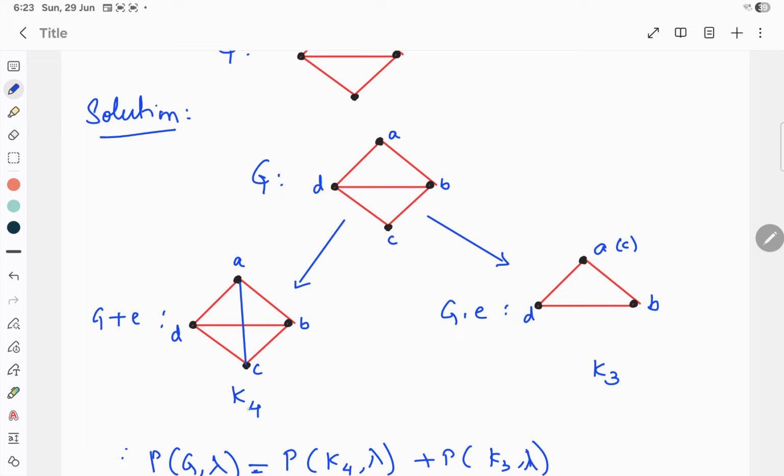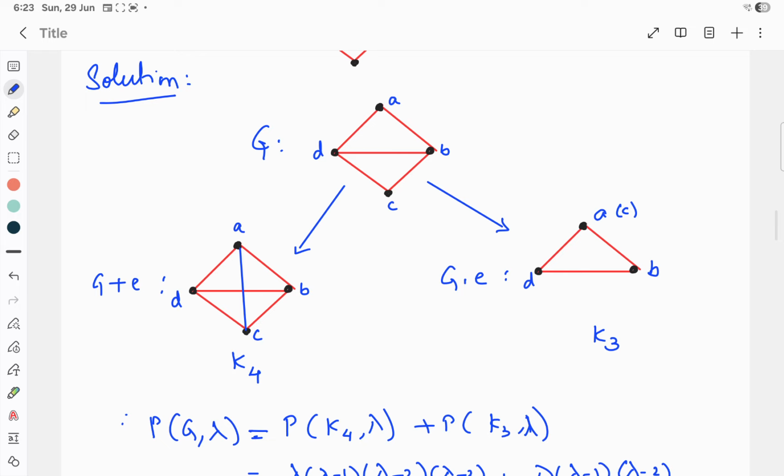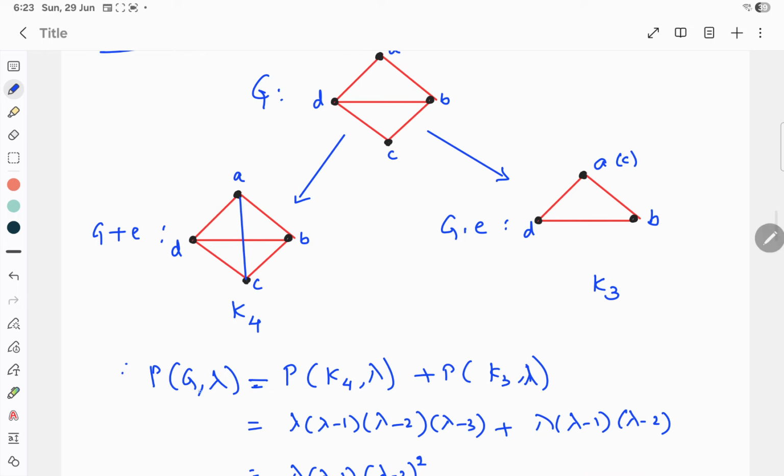Now we are getting K4 and K3. Once you end up with a complete graph or a cycle, it is very easy to write the number of ways of coloring those graphs. So P of G comma lambda is equal to P of K4 comma lambda plus P of K3 comma lambda. Hope it is clear.